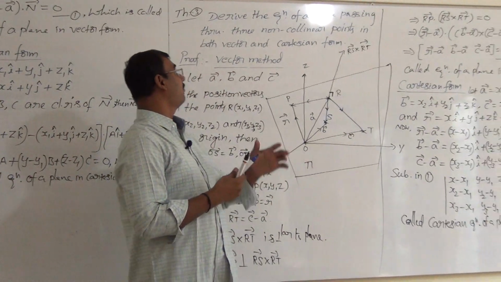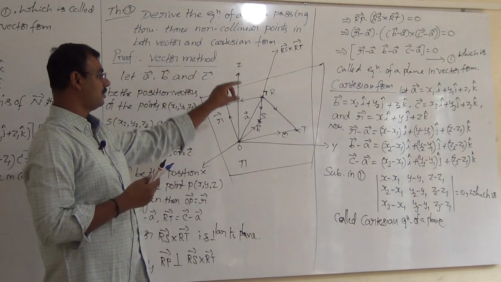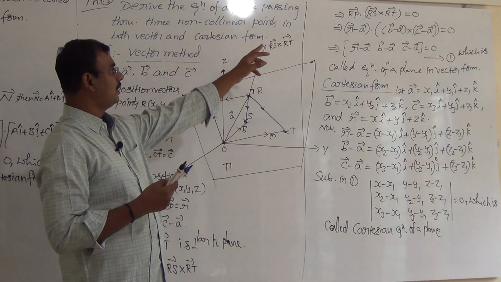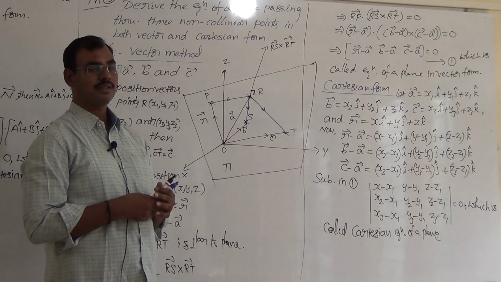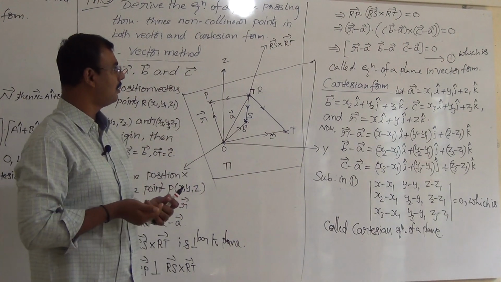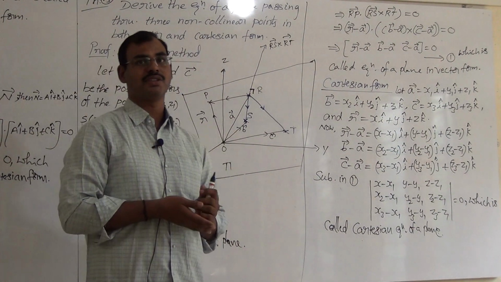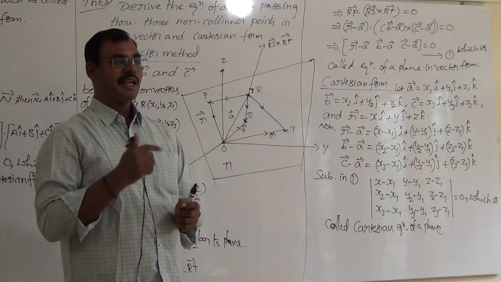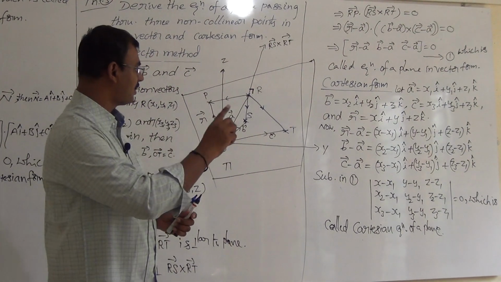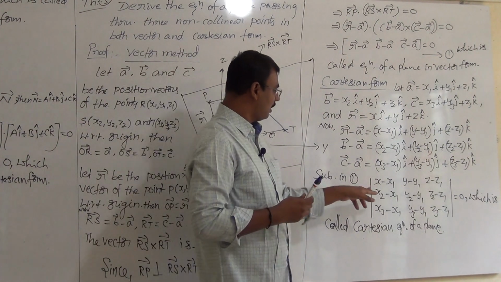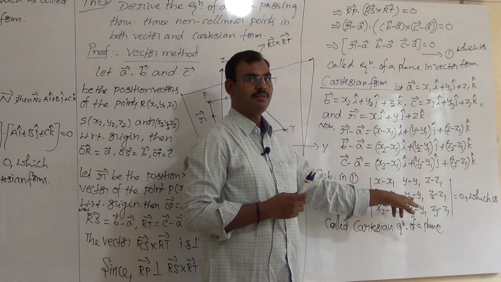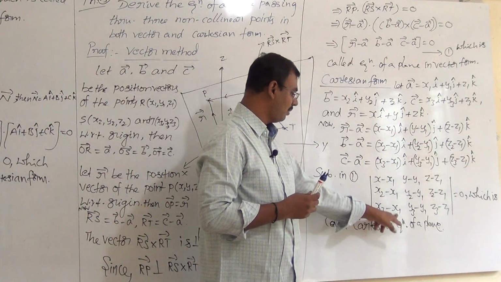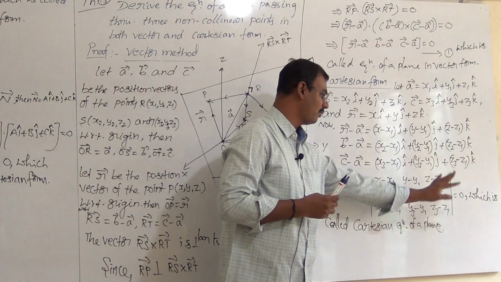Third one, the equation of a plane passing through 3 non-collinear points in vector form is r bar minus a bar dot b bar minus a bar cross c bar minus a bar equals 0. In Cartesian form, the determinant of first row x minus x1, y minus y1, z minus z1, second row x2 minus x1, y2 minus y1, z2 minus z1, third row x3 minus x1, y3 minus y1, z3 minus z1 equals 0.